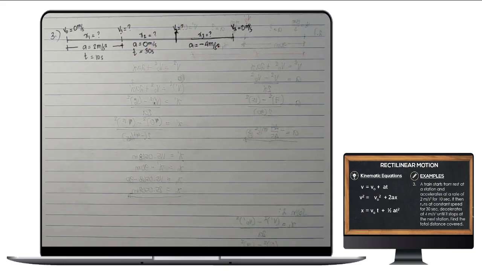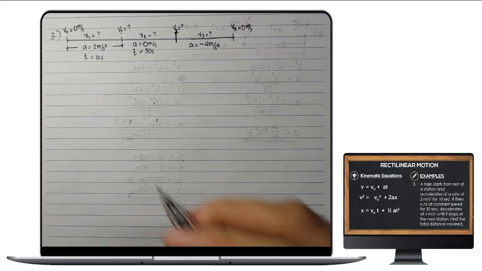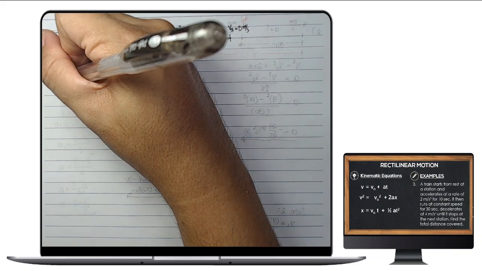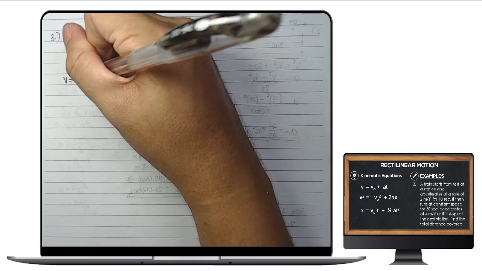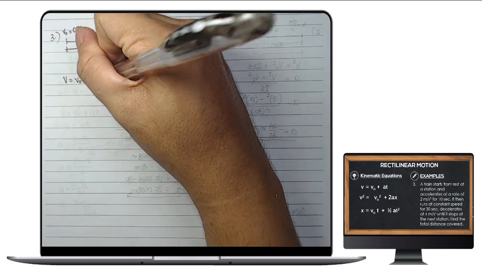Since we have acceleration, time, and the initial velocity, we can find the final velocity using equation 1. As you can see, we need the value of v1. So isolve muna natin si v1, using the formula: final velocity v is equal to v sub o plus acceleration times time.